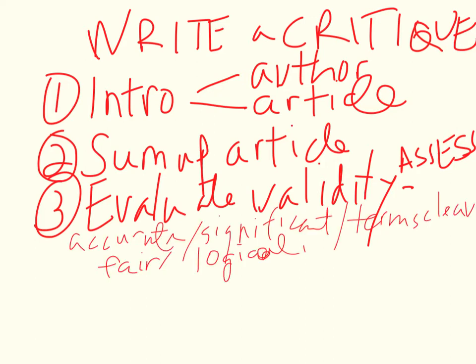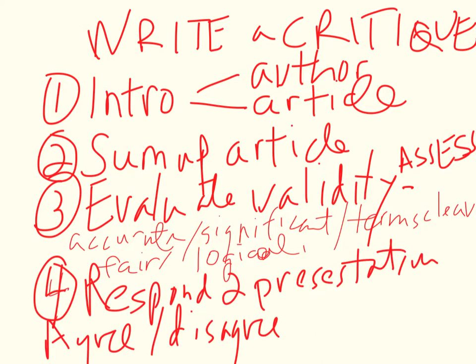In other words, is the material in the article accurate? Is it significant? Because there could be just a bunch of fill in there that has no significance for the purpose of the piece. Are the terms clear and clearly defined? Is it fair? And is it logical? Those are just 5. There are lots more ways to evaluate, but if you do these 5, then you've got it licked.